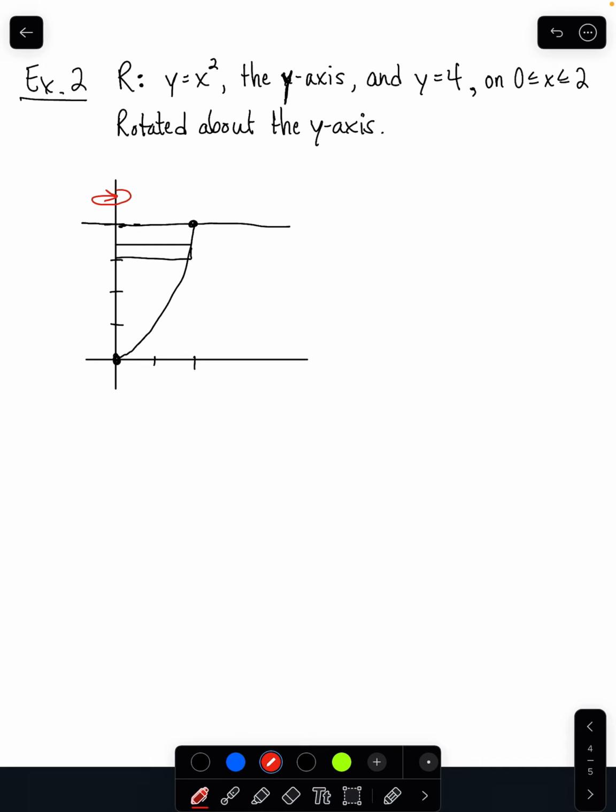And then when we rotate them about the y-axis, we end up with our disks in an orientation that might look actually a little bit nicer, even if the variables have to be interchanged.